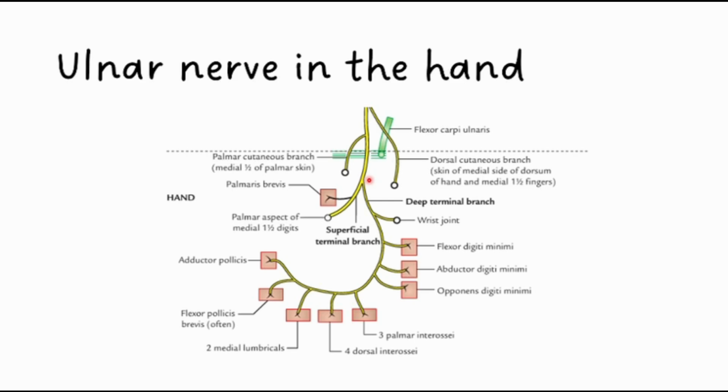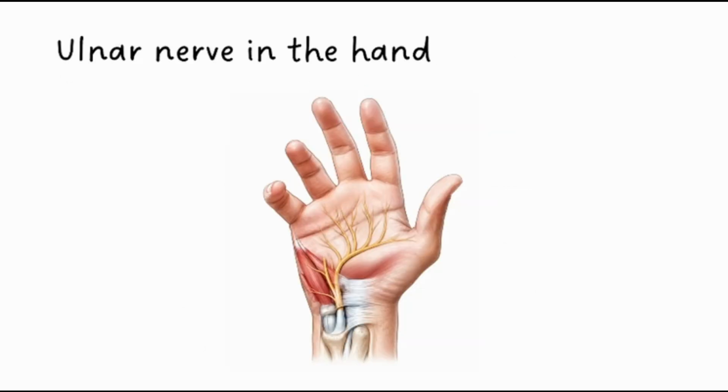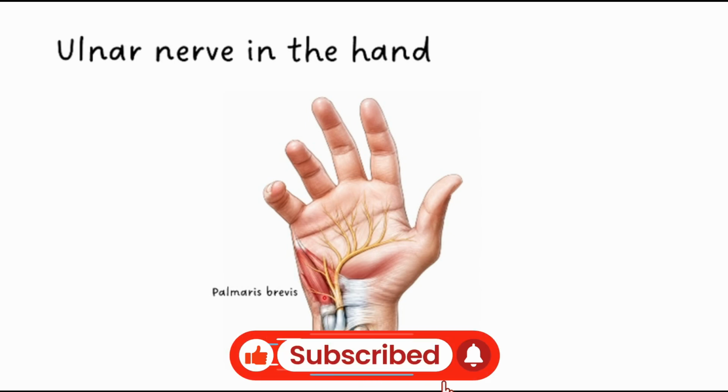So just distal to the pisiform bone, the ulnar nerve divides into its terminal branches, that is the superficial and the deep branch. The superficial terminal branch supplies the palmaris brevis muscle and provides sensory innervation to the skin on the palmar surface of medial 1.5 fingers.